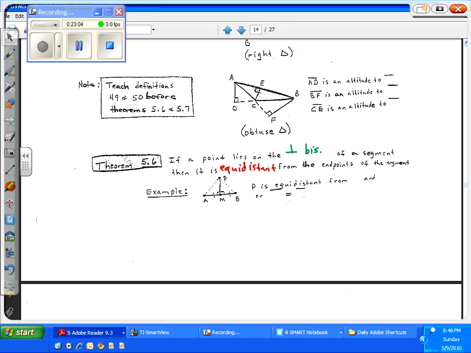Now, why can you conclude that? Let's just look at this. If this point lies on the perpendicular bisector of a segment, why could we conclude that this has to be equal to that?